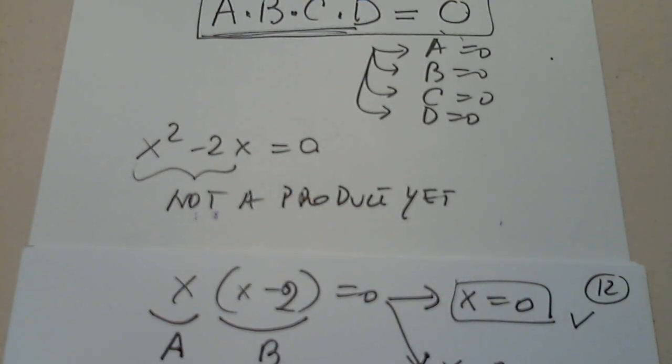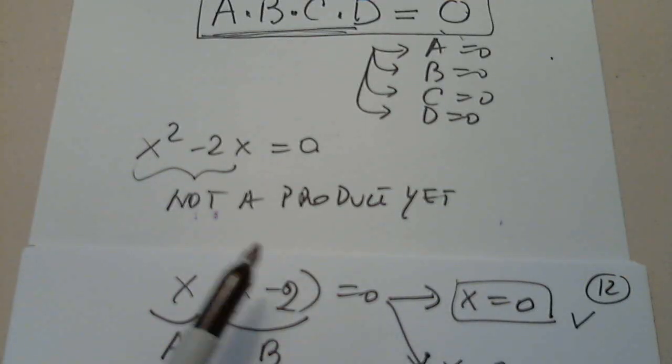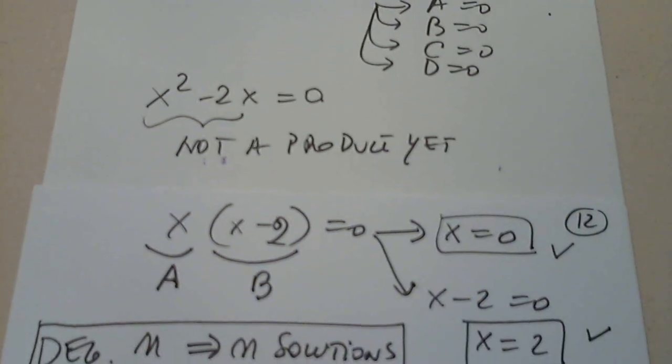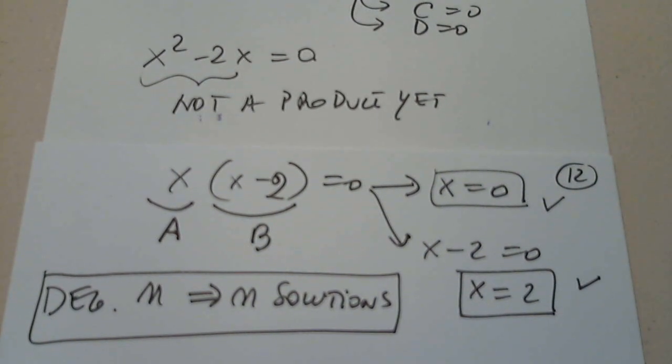So degree n implies n solutions. Even if they're all the same. Degree 2, I found 2 solutions. If I had degree 3, I will find 3 solutions. Real or imaginary. We haven't gotten to that yet. But regardless, we have to find the degree, and that will tell us how many solutions to expect.